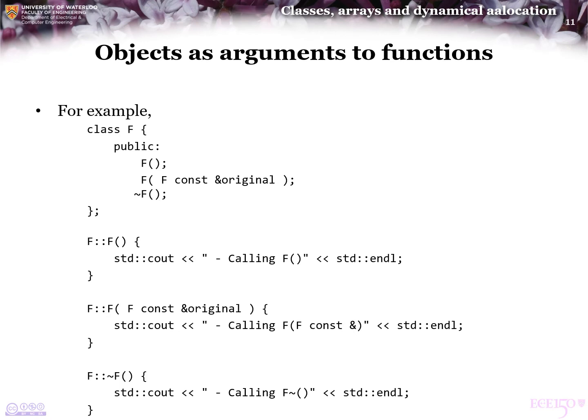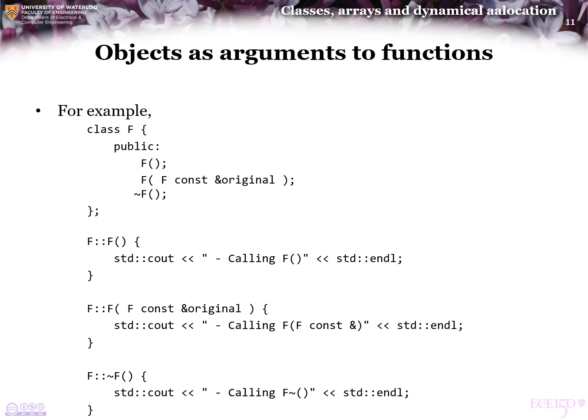All right, here is a class F, and it has a constructor with no arguments, a copy constructor, and a destructor. And we will see when each of these is called when a function is called.